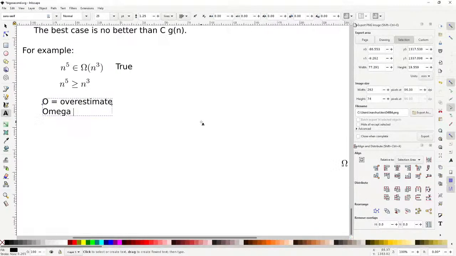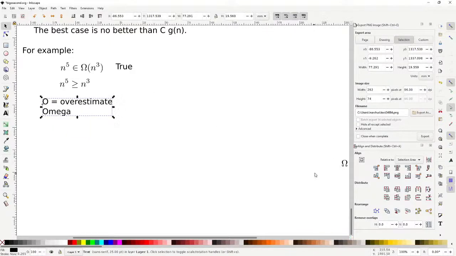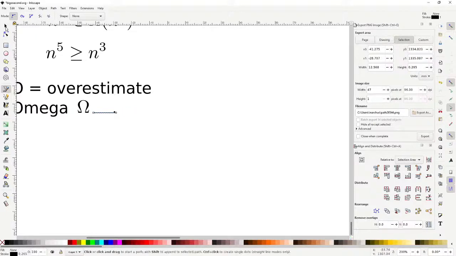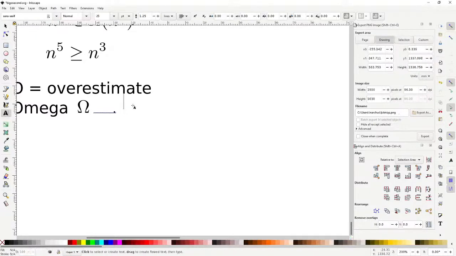So the way I like to think about that is that omega is the underestimate because it has the line under it. So I guess that's generally how I think about it.